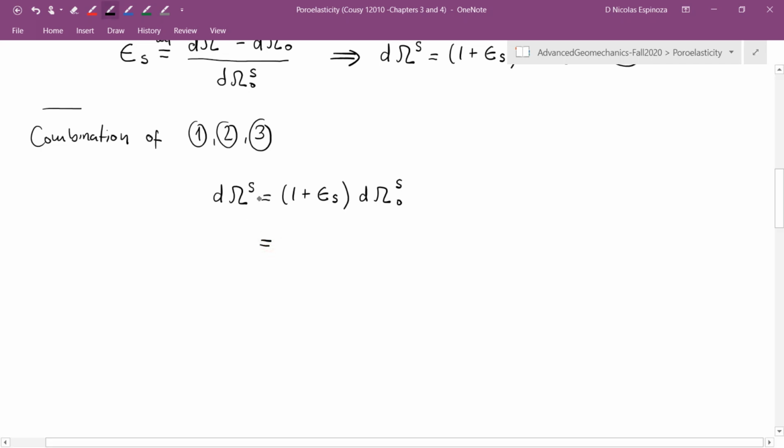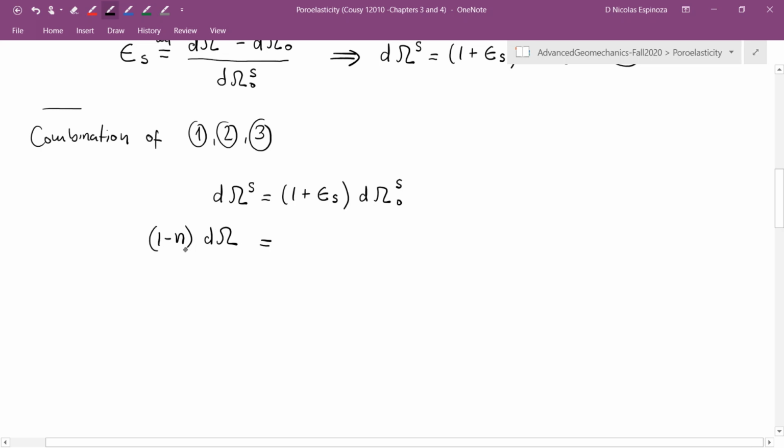I can write the volume of the solid part at any time to be equal to 1 minus porosity times the bulk volume of the entire solid, right?